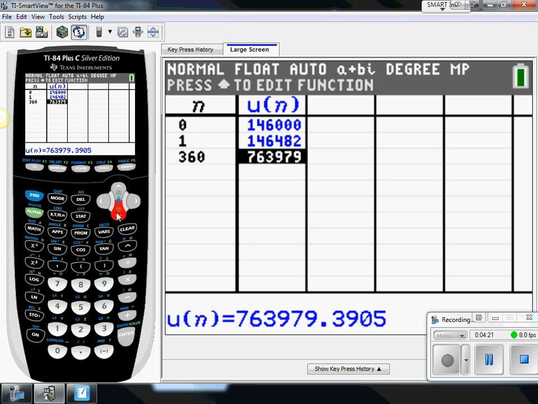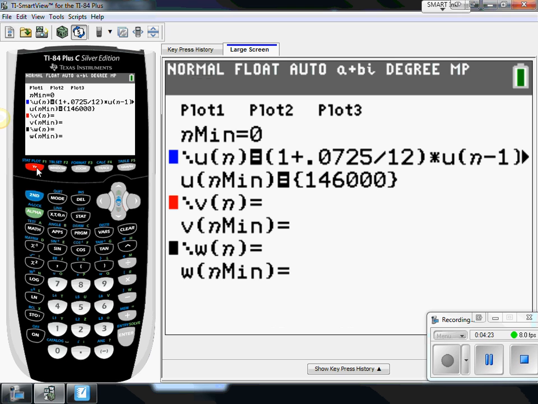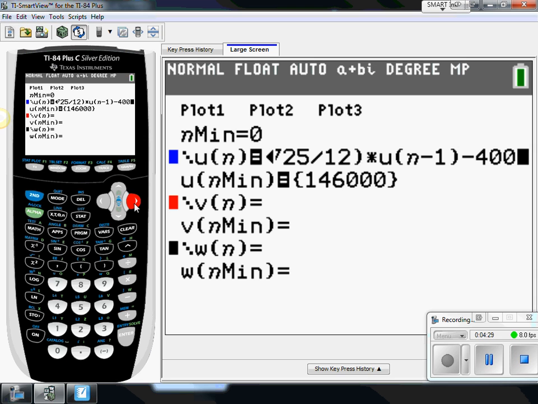So we have to go back to y equals and increase this payment again. To go to the end of a line on the calculator, you hit second right arrow. Let's change it, instead of $400 a month, to $1,000 a month. That's not out of the question for a person to pay $1,000 a month for a mortgage on their house. So let's see if this works.